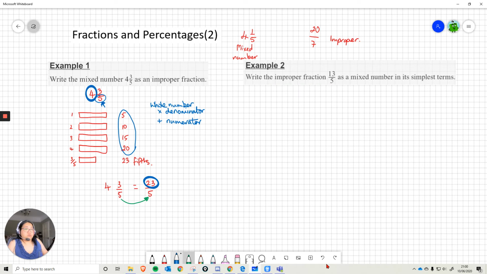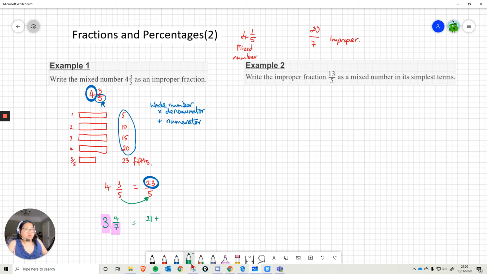So another example would be, let's say we've got 3 4/7. If I use the method that I've just talked about, my whole number is 3 and my denominator is 7. So 3 times 7 is 21.